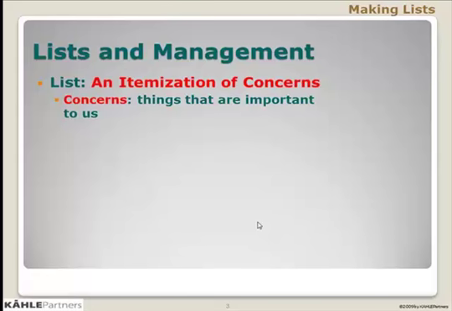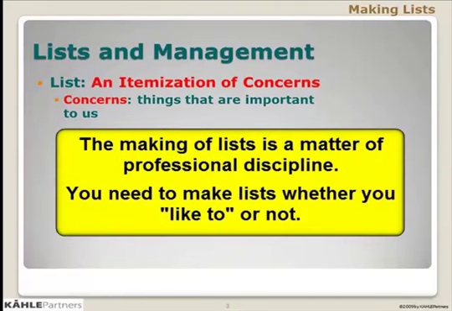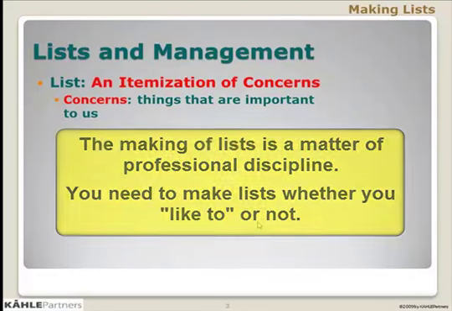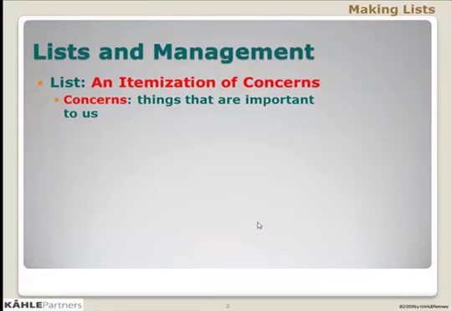However, I'm not trying to pat either the J's or the P's on the back. Rather, I want to make the point that the making of lists is a professional responsibility, it is a discipline, and that we must get beyond merely saying things are important and exercise the discipline to behave appropriately with those things that we say are important to us. We need to make lists, and we'll talk more about this shortly.